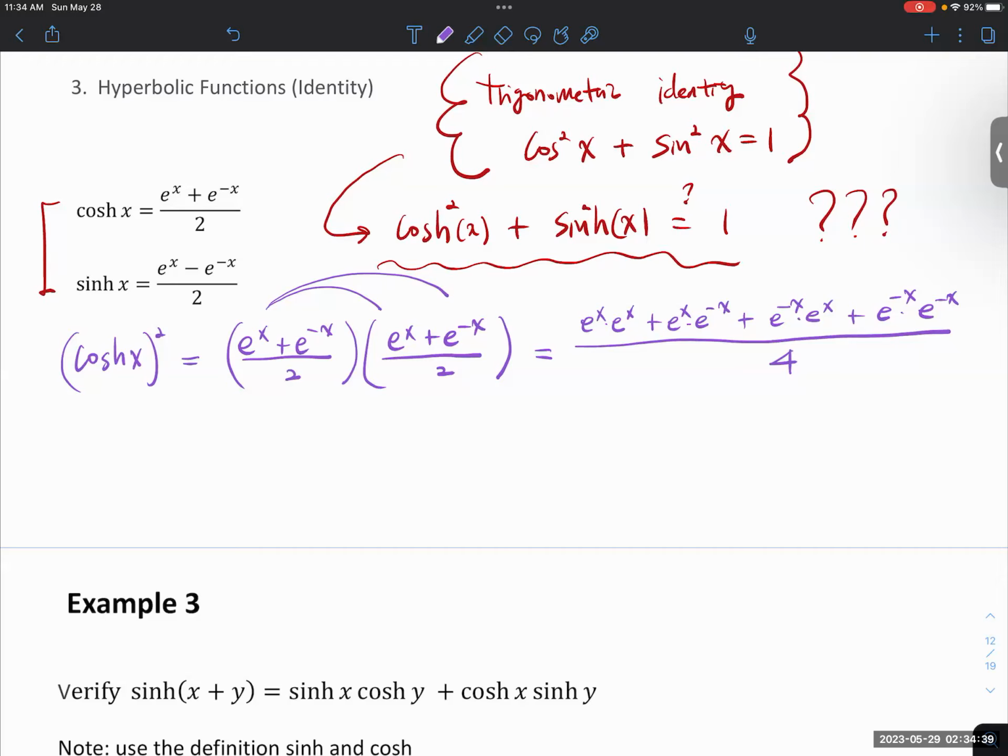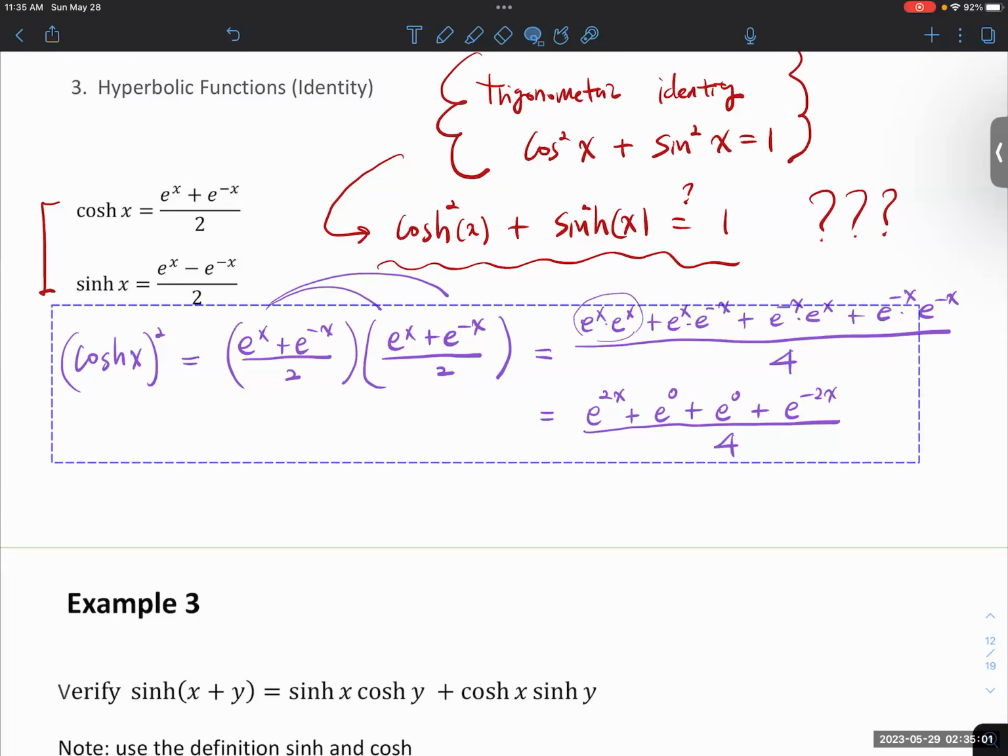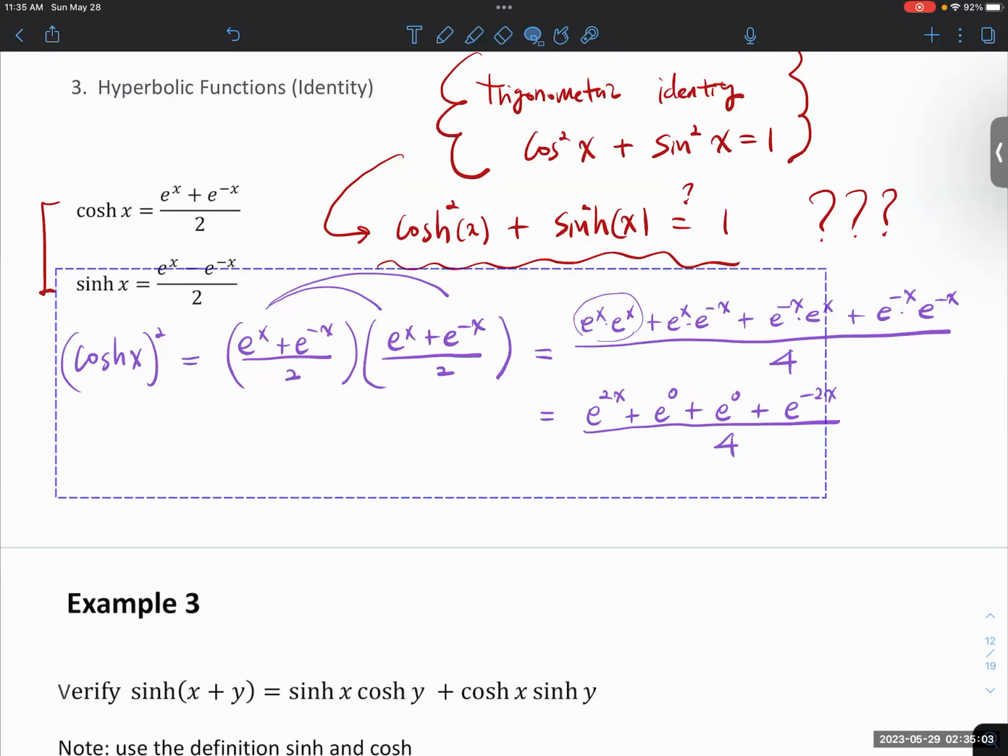Now I'm going to keep simplifying. e to the x times e to the x, you have the same base, so you can add the exponents. Then e to the x times e to the negative x, x minus x is 0, and 0, e to the negative 2x over 4. Are you guys following? Yes.